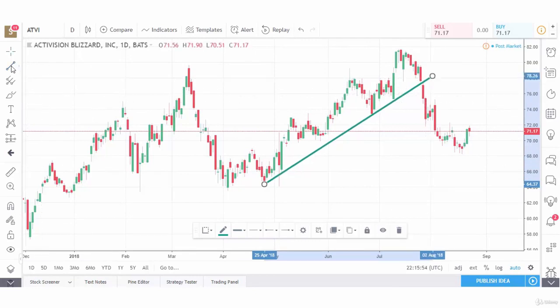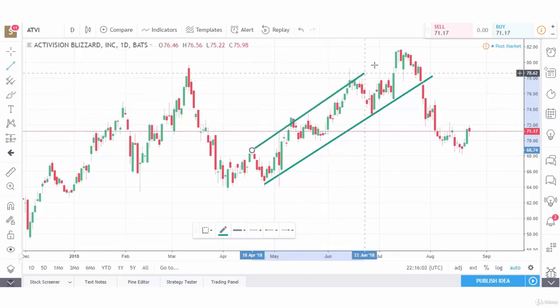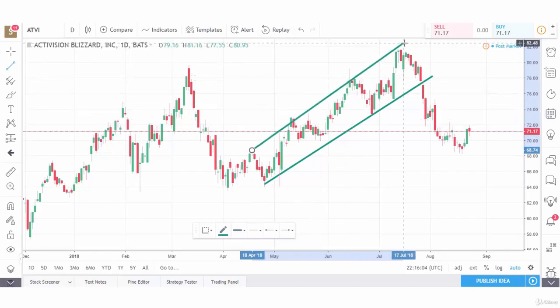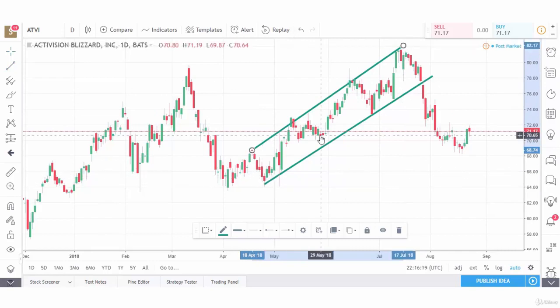And then we'll draw the top of the channel here. As you can see, the stock had a fairly tight channel formation, a rising channel formation, until late July, when the stock fell through the bottom of the channel and continued downward.